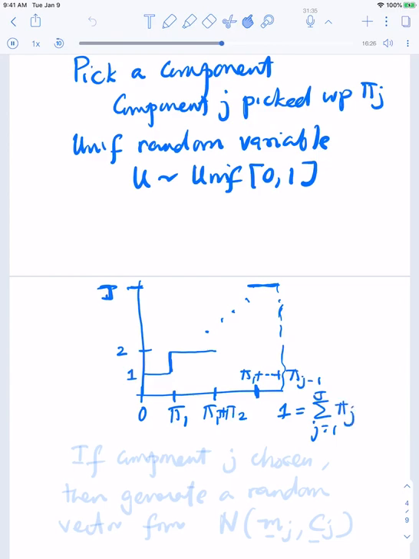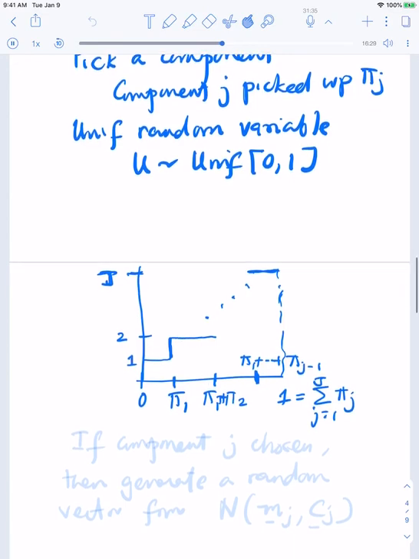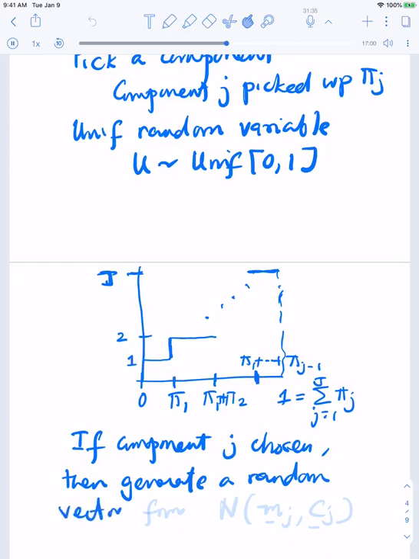So by dividing this interval between 0 and 1 appropriately and tossing this random number generator coin, which spits out a number between 0 and 1, you can choose a component. So once component j is chosen, then generate a random vector from a Gaussian distribution with mean m sub j and covariance C sub j.